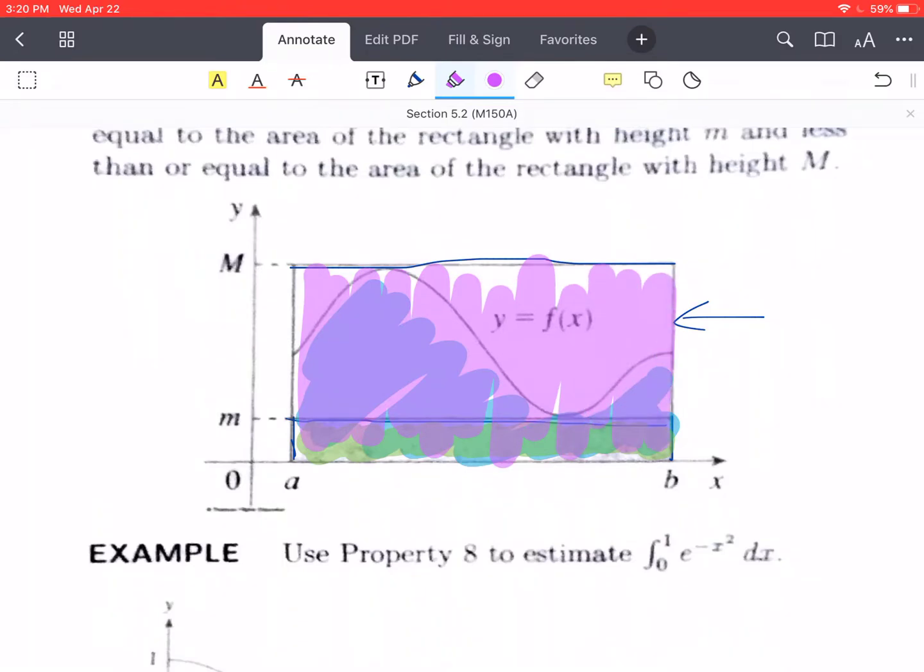So it's bigger than the area of the small rectangle, but smaller than the area of the big rectangle. Again, this is the area that we're looking at here.